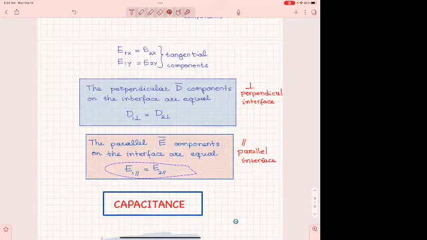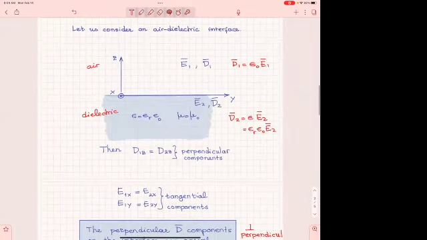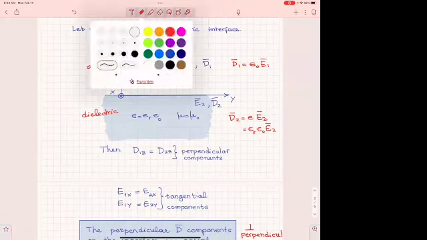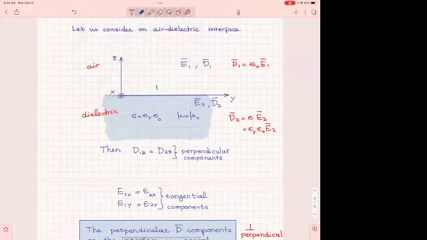When it comes to the perpendicular component, it is the electric flux density D that is continuous through the interface. Which means what about E? If D is continuous through the interface, if this is D perpendicular 1 and this is D perpendicular 2, these two are the same at the interface.